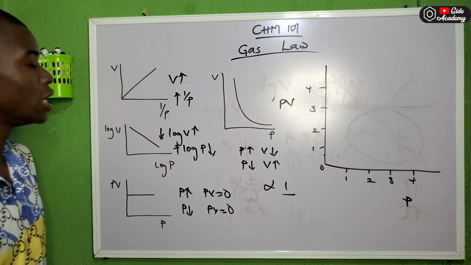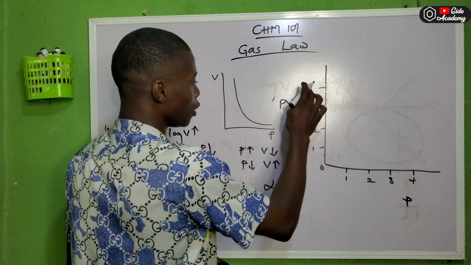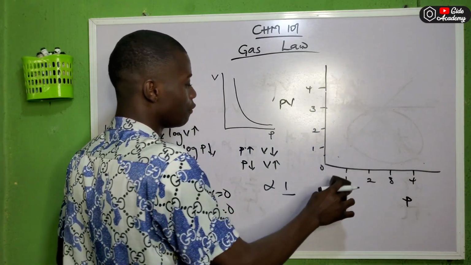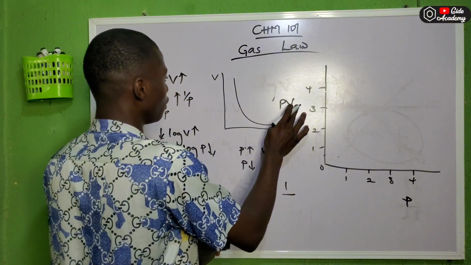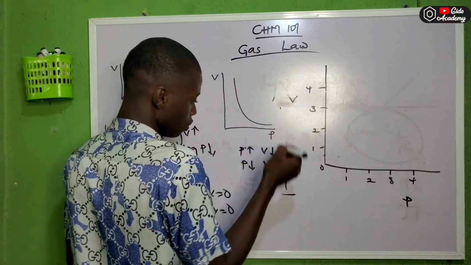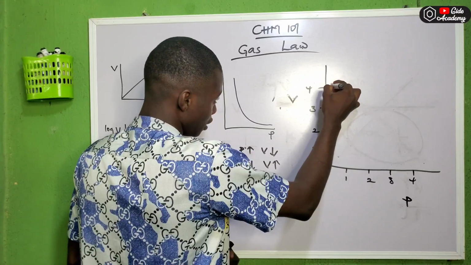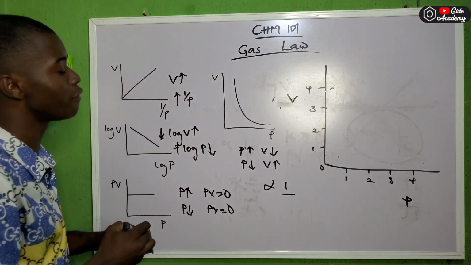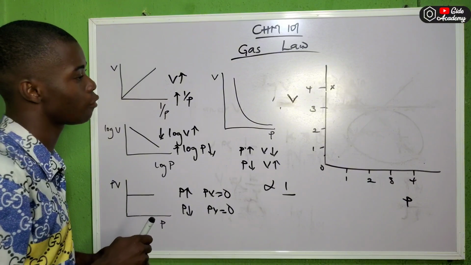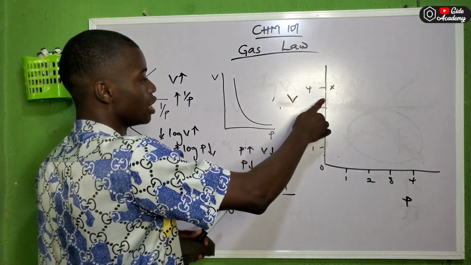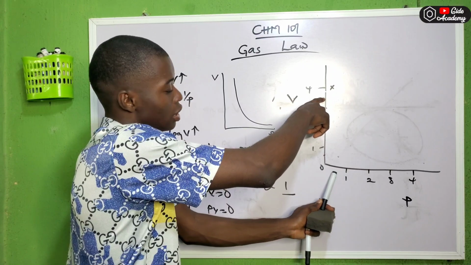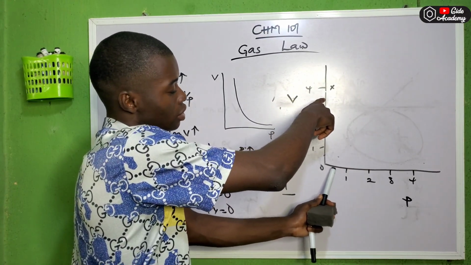So that's to say, if the value of V is 4, the value of P will be 0.1. So you have something like that here. If the value of V, let's say, is 3.5, the value of P here will be, let's say, 0.5.